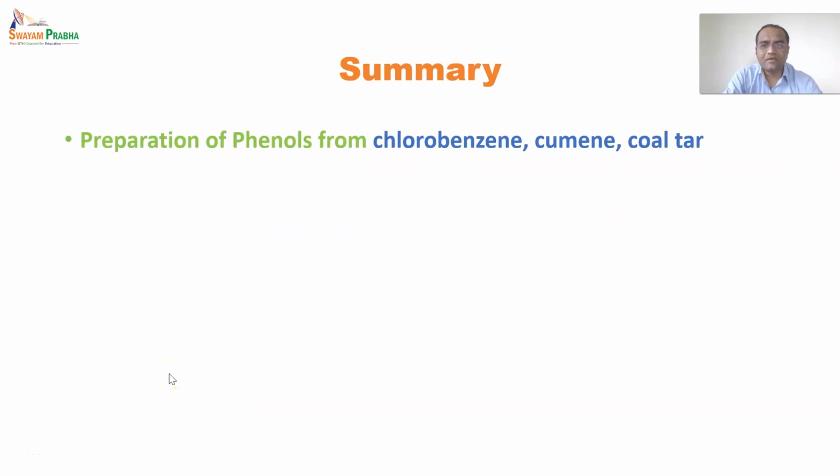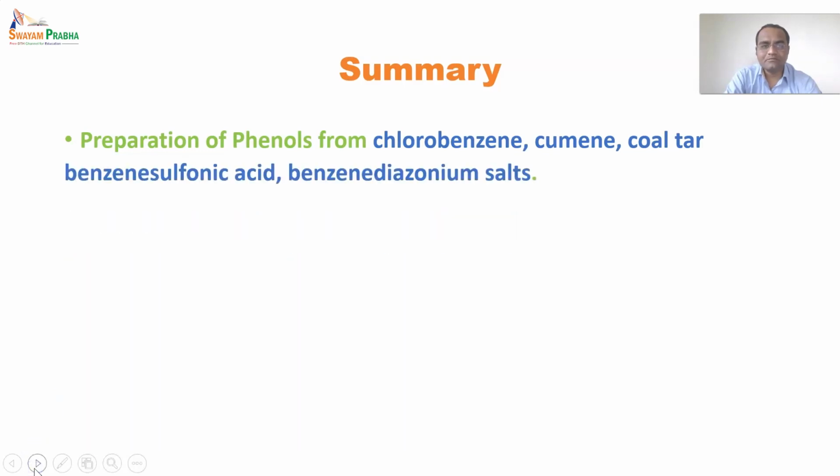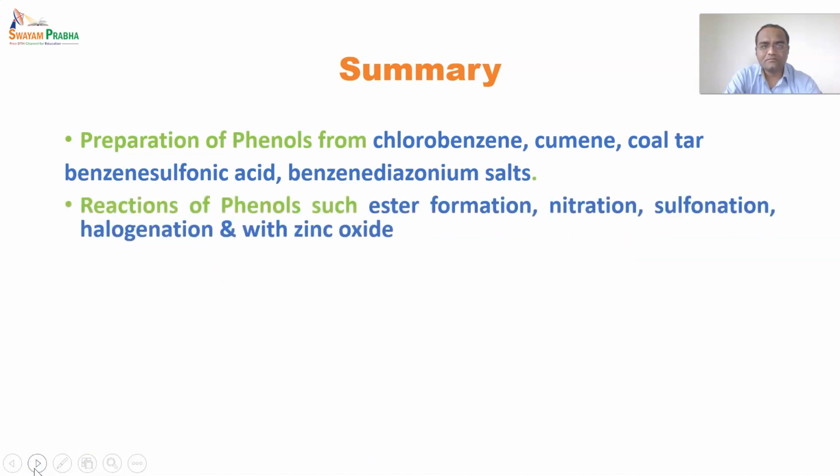After that we saw some preparation methods of phenol. First, Dow's process from chlorobenzene, then cumene from isopropyl benzene, from coal tar, from benzene sulfonic acid and benzene diazonium salt.